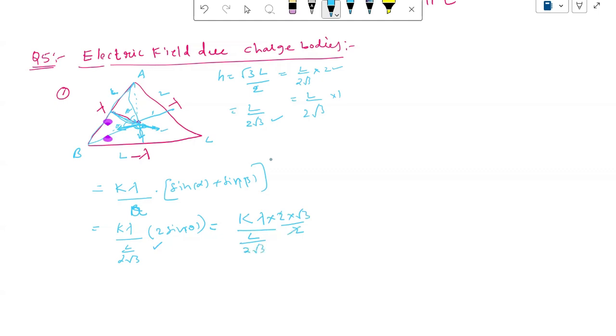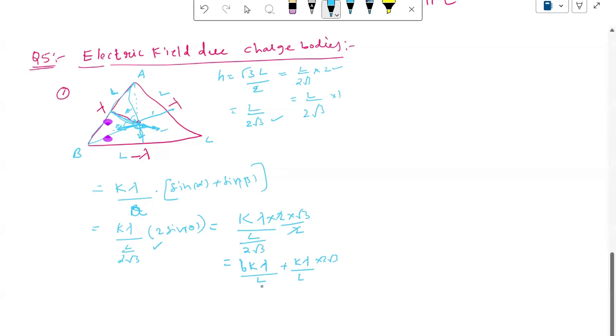The 2 gets cancelled and 2 root 3 goes up, so that equals 6 K lambda by L. Now one more field will also be added, so take K lambda by L common.